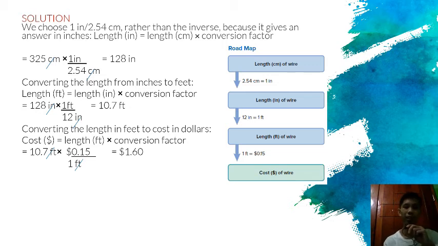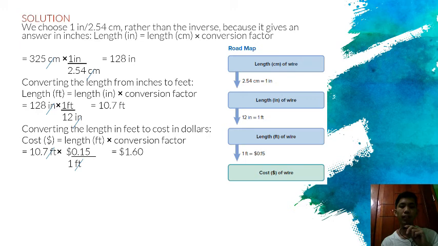Converting the length from inches to feet, so 128 inches. In 1 foot there are 12 inches. So cancel both inches, and 128 times 1 over 12 is equal to 10.7 feet. And converting the length in feet to cost in dollars, cost is equal to length in feet times conversion factor.